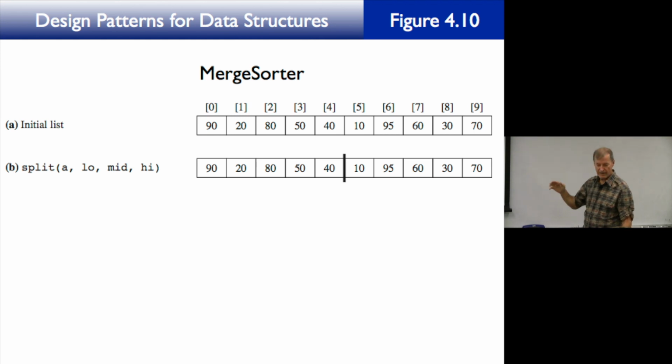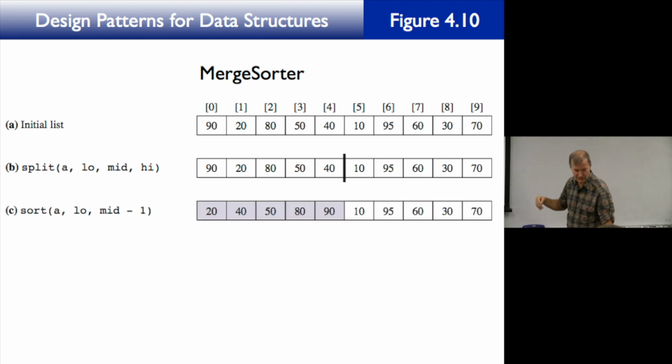And so that means that it's divided into two sublists, from 0 to 4, because it sorted from low to mid minus 1. Are you with me? So here, it sorts recursively from low to mid minus 1.